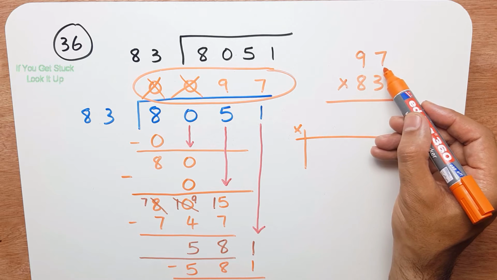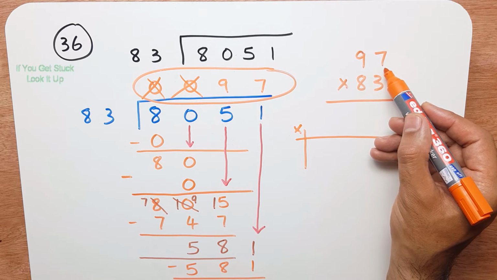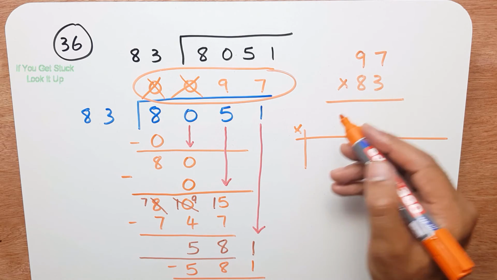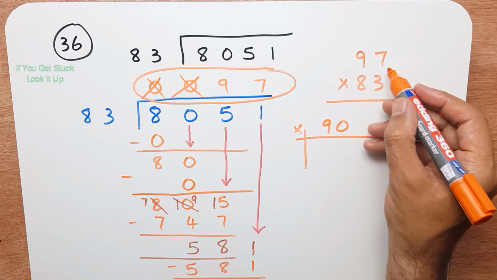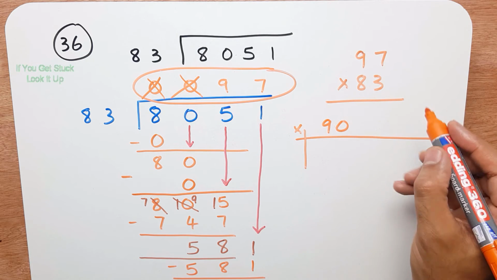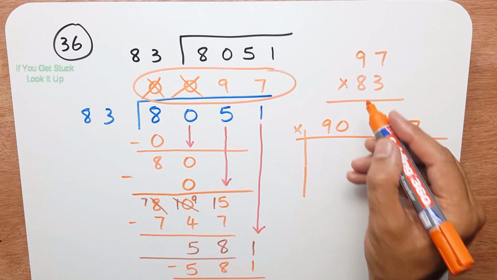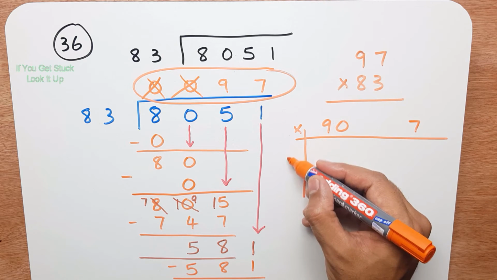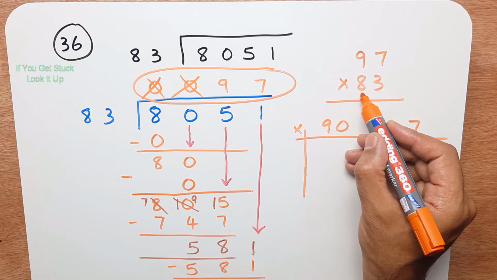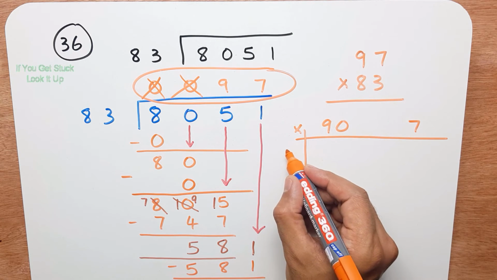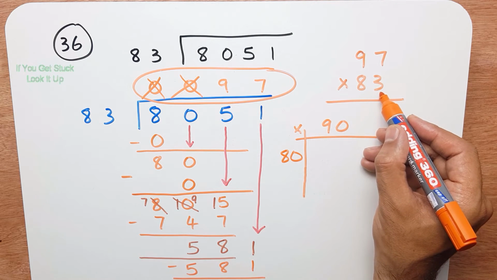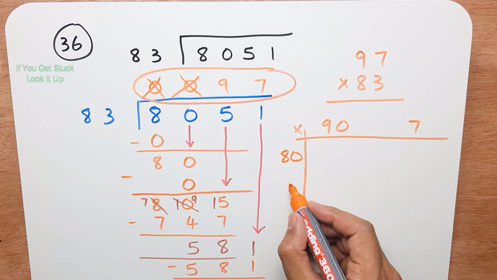So 97 I'm going to partition or split up into 9 tens, which is 90, and 7 ones or 7 units, which is 7. Let me extend this. Now this 83 is going to go down here. So 8 tens is 80, and 3 ones or 3 units is 3.